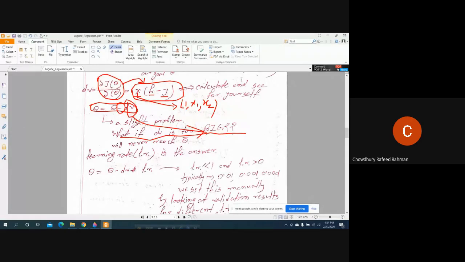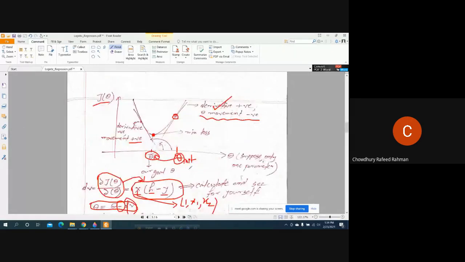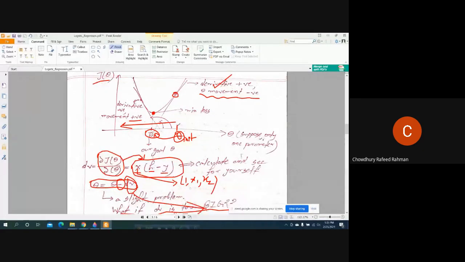What problem appears right here? When the value of dv is very big, in one jump we can move from here to here, right? Because it is theta minus dv, and the value of dv is very big, so our jump will be very big as well, right? Does everyone agree with this?